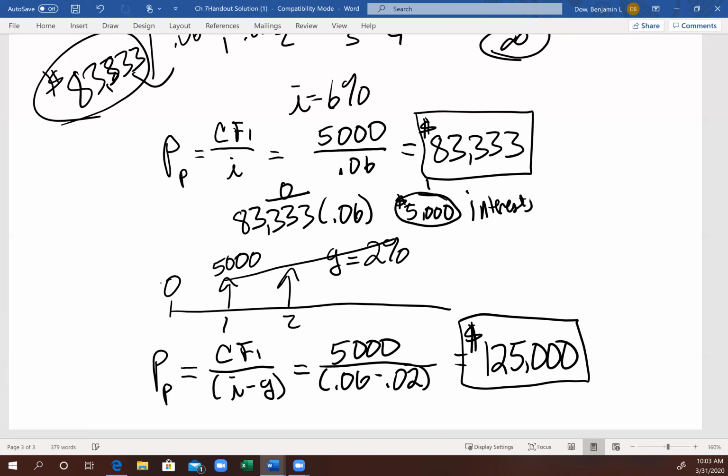That way we can generate more than 5,000 in interest, and that difference will be used to offset the increase over time that we're wanting to have happen.